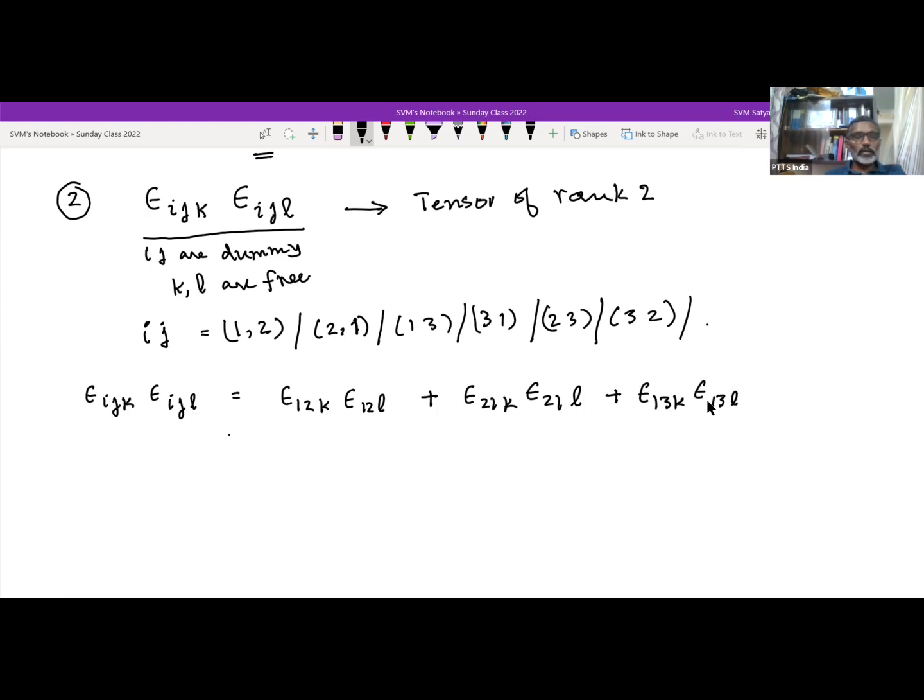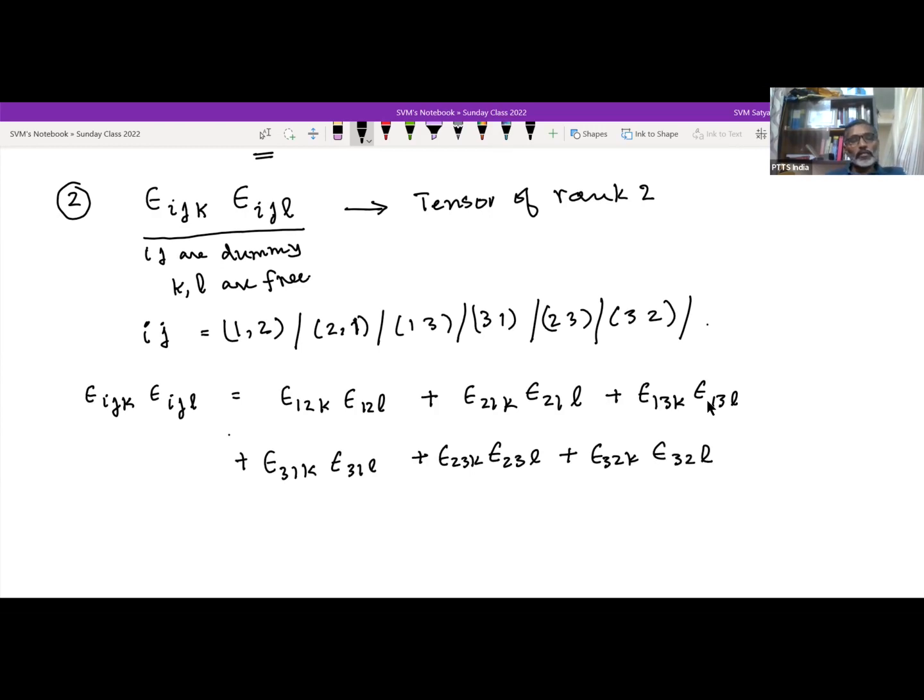These are the 6 terms, so I am writing everything explicitly. Plus epsilon 31k epsilon 31l, plus epsilon 23k epsilon 23l, plus epsilon 32k epsilon 32l.